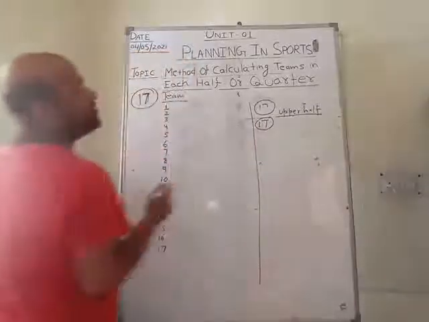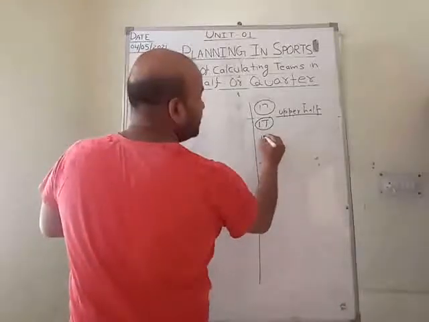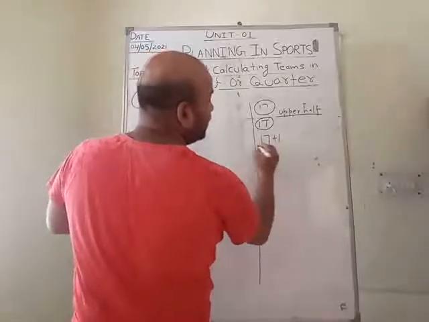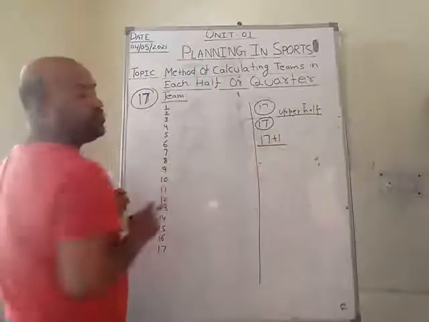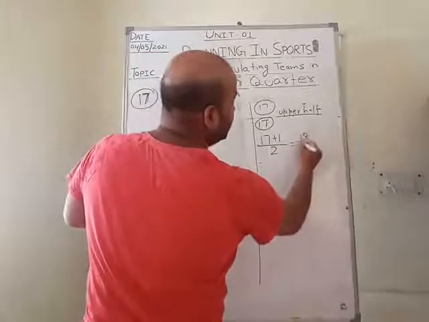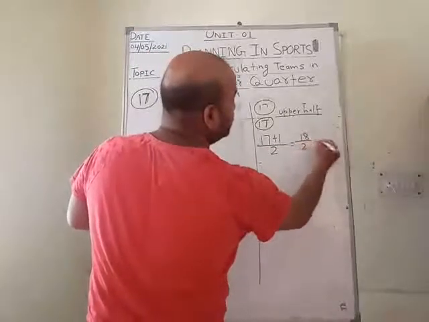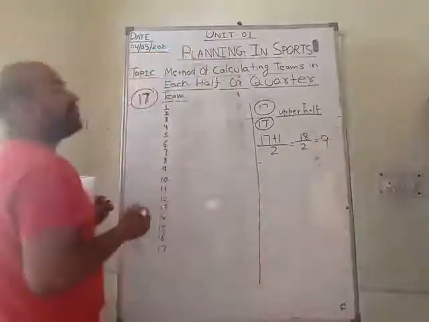How do they divide into the upper half and the lower half? 17 plus 1 for the upper half, n plus 1 upon 2, 18 upon 2, 9 teams will come in the upper half.